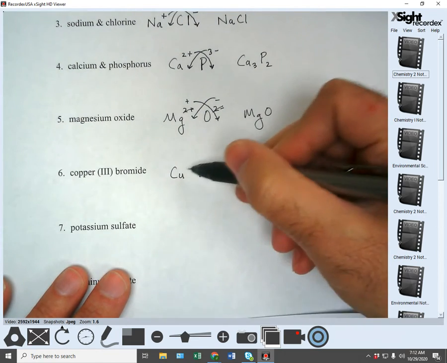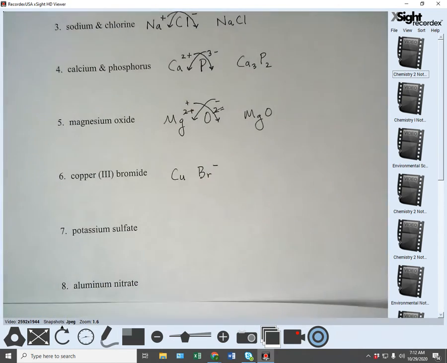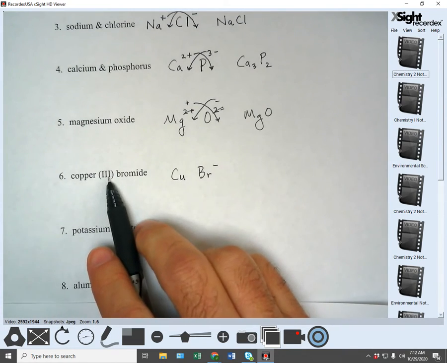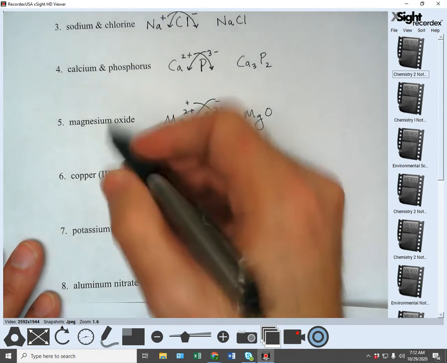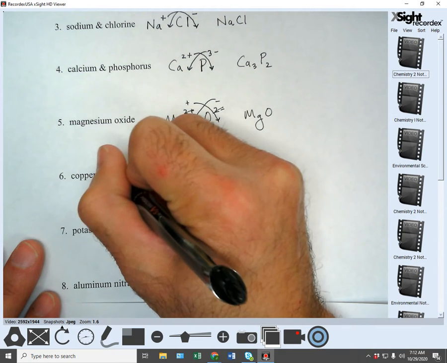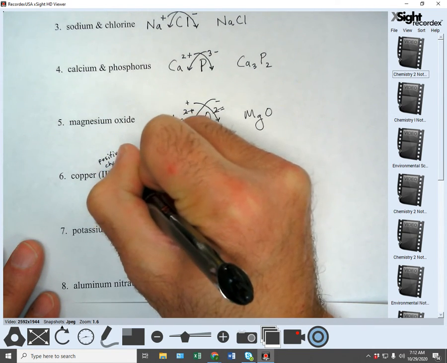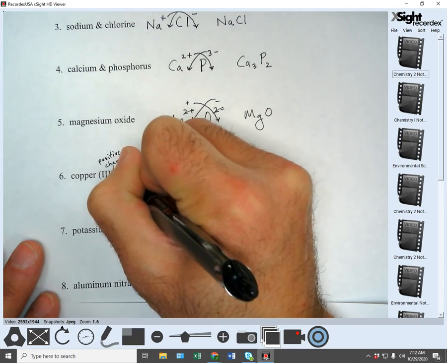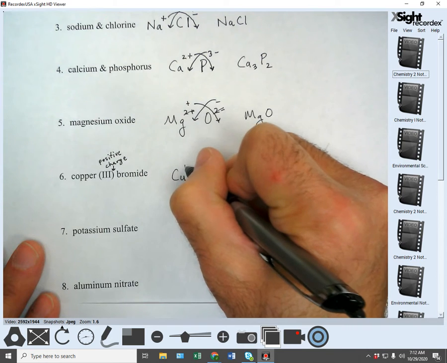Well, we need the charge on copper to finish this. But if we look on our periodic table, it's not there. That's what the Roman numeral 3 tells us. This tells us the positive charge on the cation. Okay, so the 3, so it's a +3.